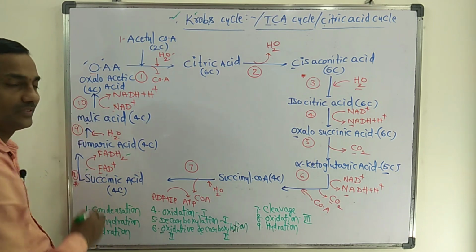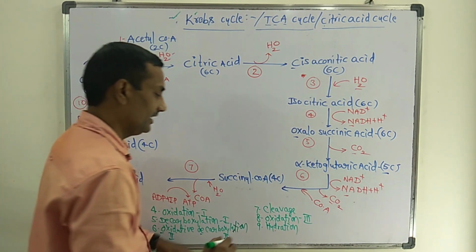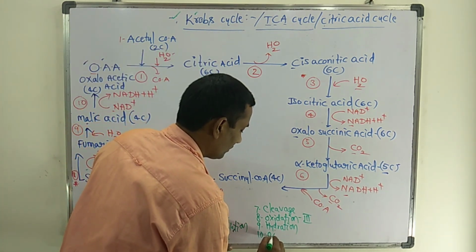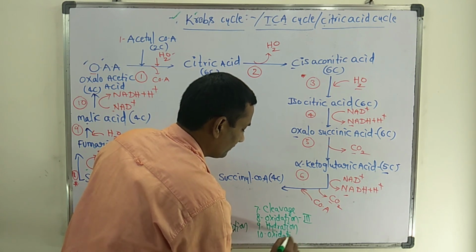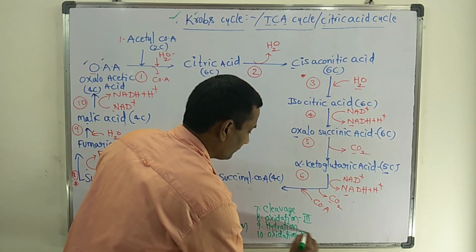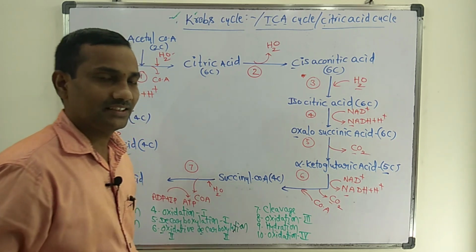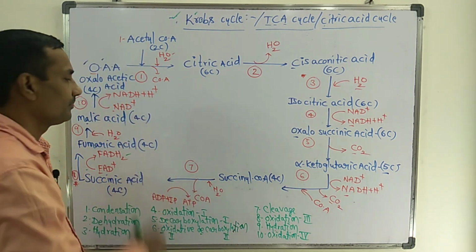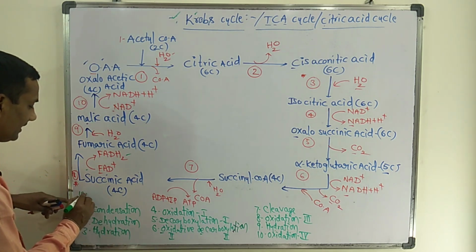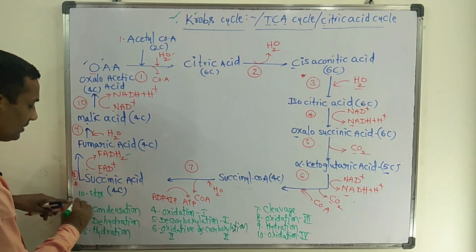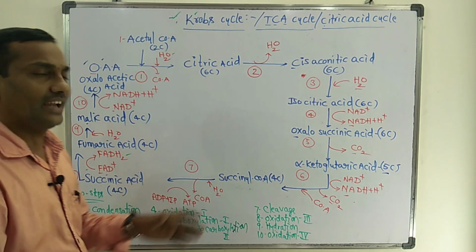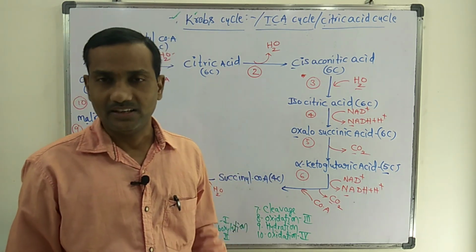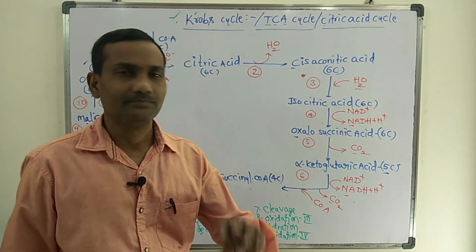The last step, the 10th step, is oxidation 4. In total, 4 oxidations and 2 decarboxylations occur in the Krebs cycle. All these are the 10 major steps of the Krebs cycle, catalyzed by 10 different enzymes.